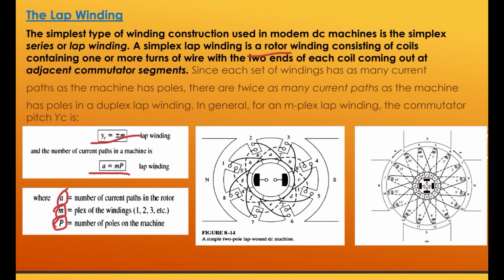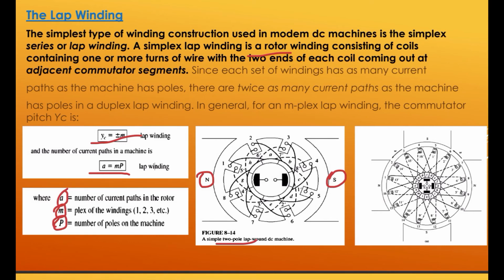This is a simple two-pole lap winding DC machine, in figure 8.14. This is north, this is south.